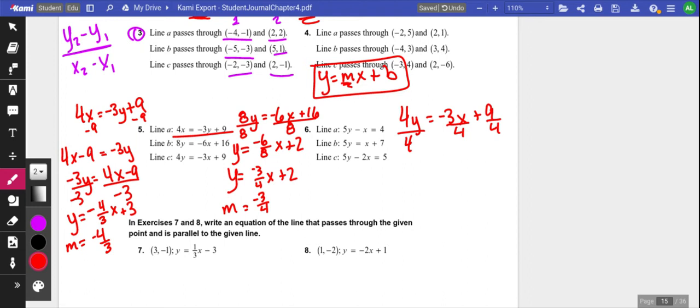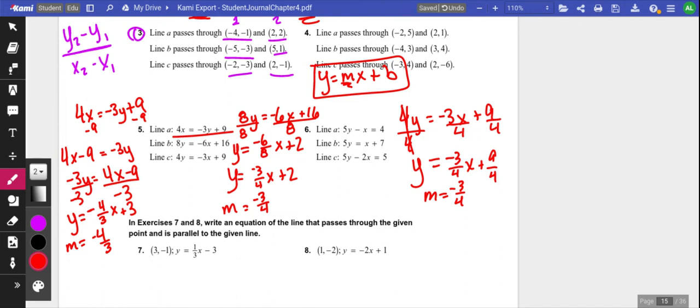Okay, 4 divided by 4 cancels out. I get y is equal to negative 3/4 x plus 9/4. I don't really care about the b values here. All I care about is my slope, and I get negative 3/4.